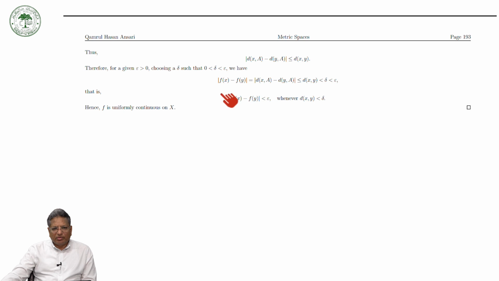That is to say, |f(x) - f(y)| is less than epsilon whenever d(x, y) is less than delta. And now you can see that delta is independent of x, and hence f is uniformly continuous on X.